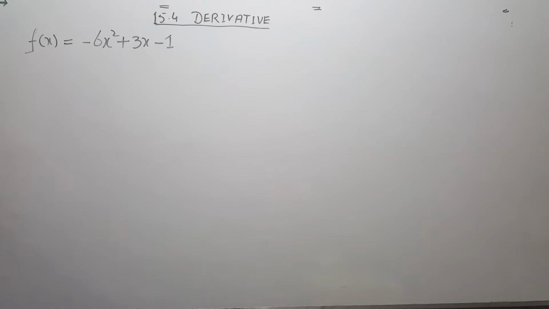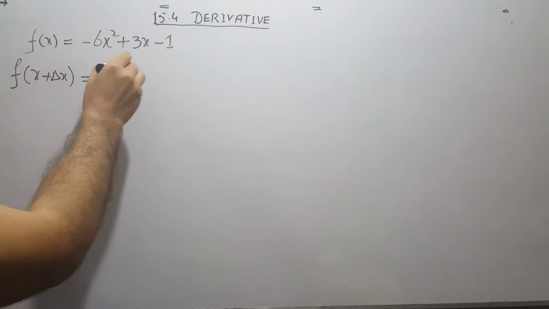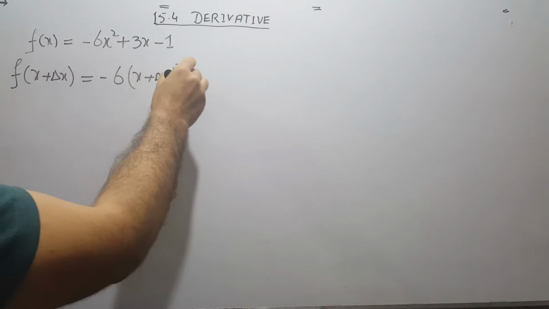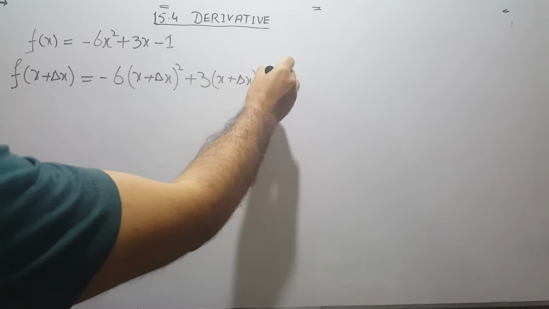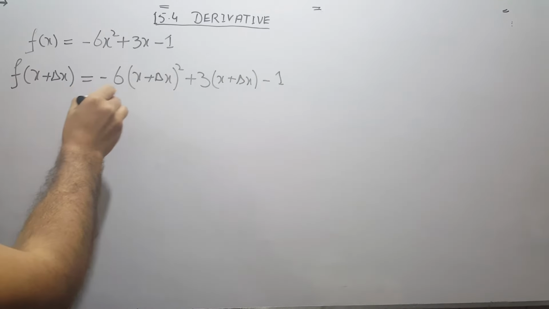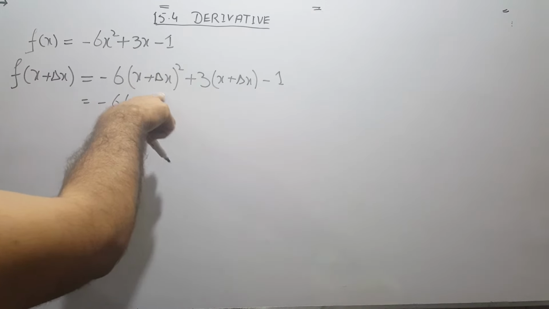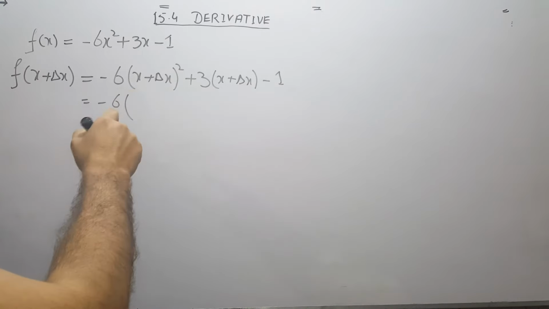Now let's start solving this one. Again what we need is f of x plus delta x, so you replace x with x plus delta x wherever you find x, and then simplify it. It's minus 6 times x plus delta x whole square. This is the (a plus b) whole square formula, or you can multiply x plus delta x into x plus delta x.